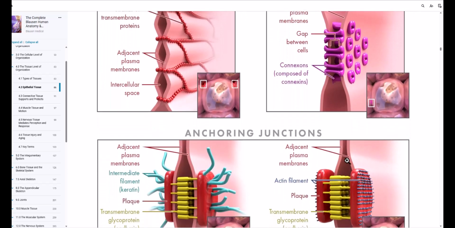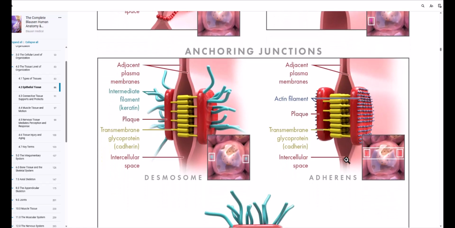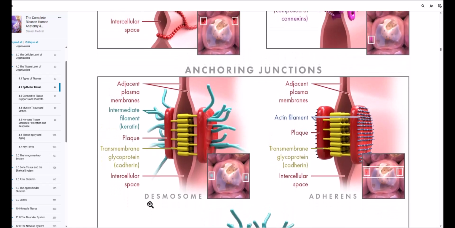Thirdly, there are some really cool structures called desmosomes. Now, desmosomes, again, you see them, they're connecting 2 epithelial cells together. Desmosomes, though, are like rivets or buttons between 2 pieces of fabric. Where do we have rivets in our jeans? Right? Look down at your jeans. Look at your pockets.